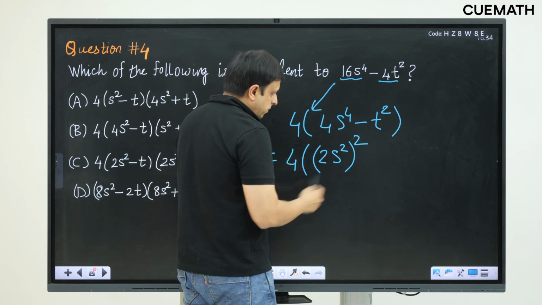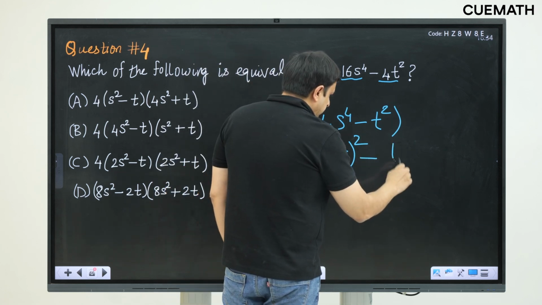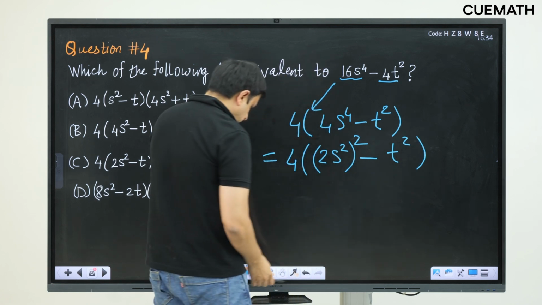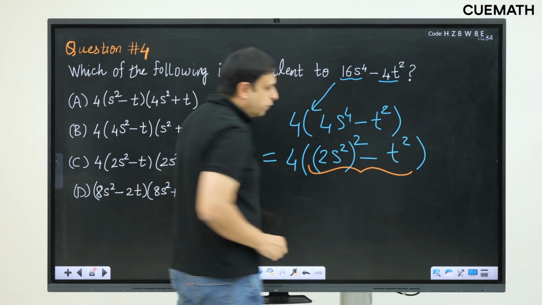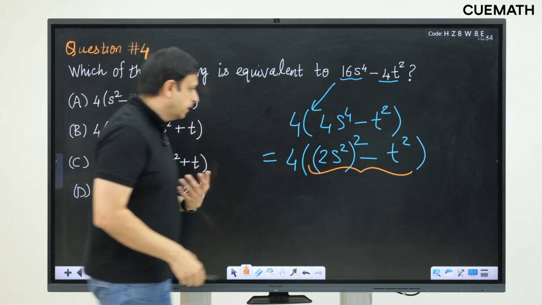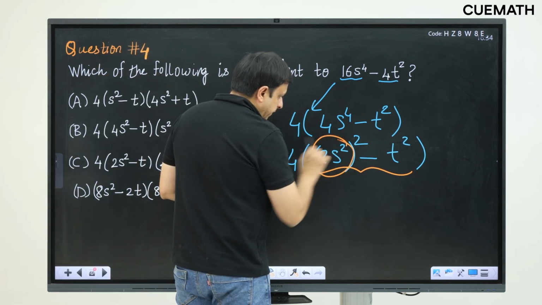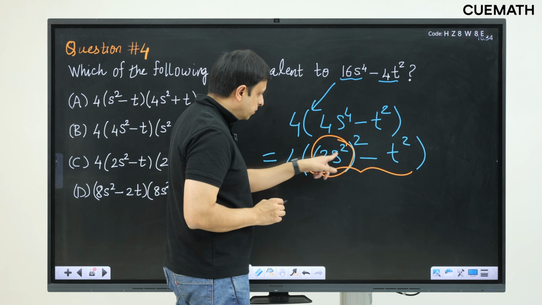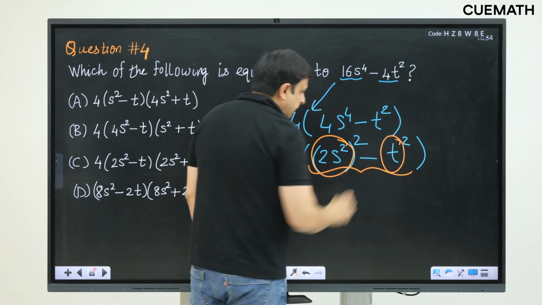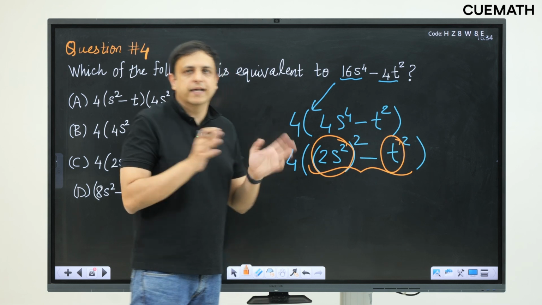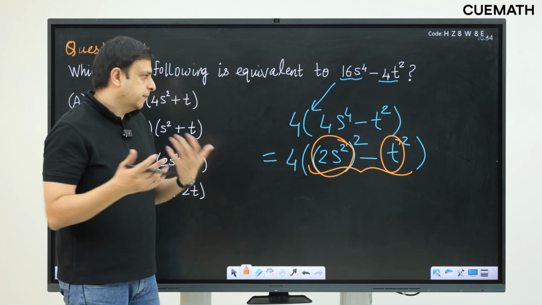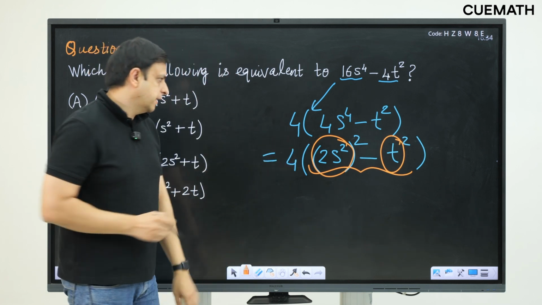So, I write this as 2s squared squared minus t square, and now if you look at the expression inside the bracket, it is of the form a square minus b square, where a is 2s square and b is t. So, the special product there is a plus b times a minus b.